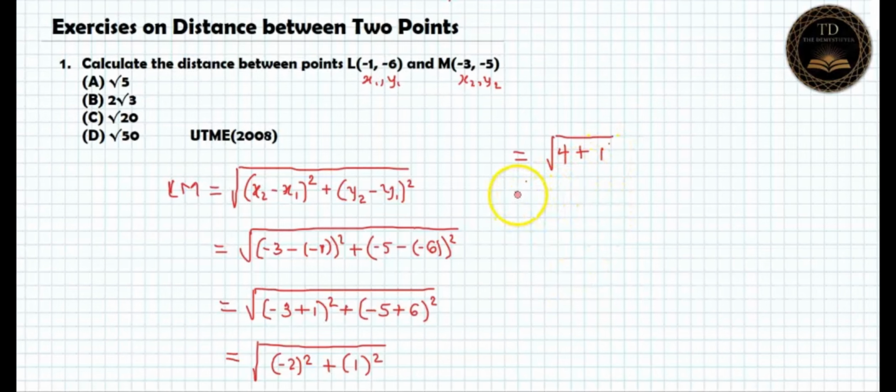So it means that, therefore, the length or the distance between the points L and M will be equal to the square root of 5. Now, we usually say units. Okay, so option A is the right answer for this question. Okay, now let's look at another example.